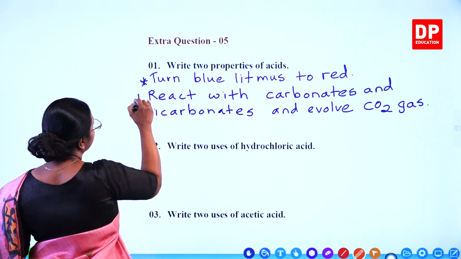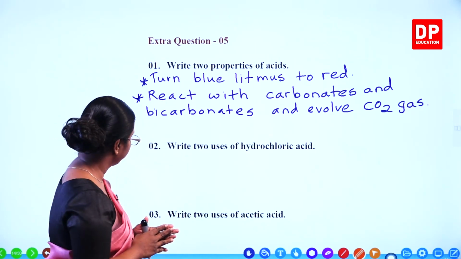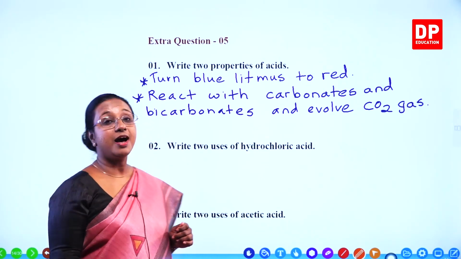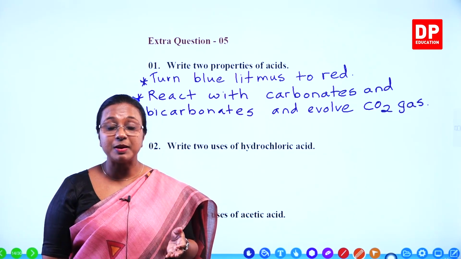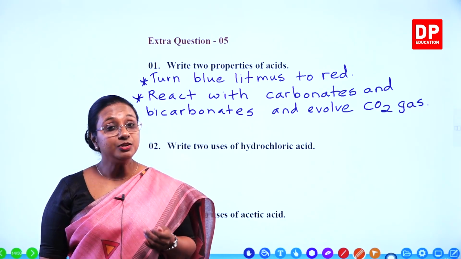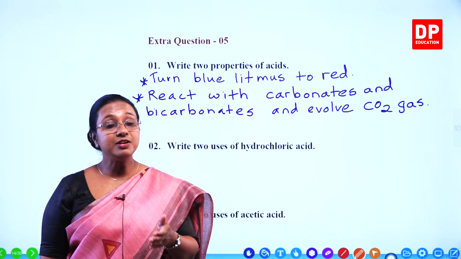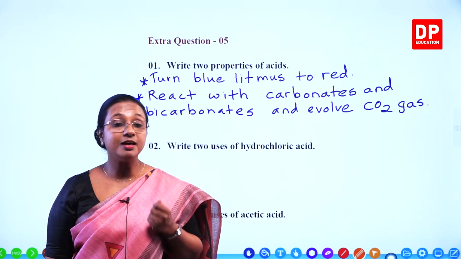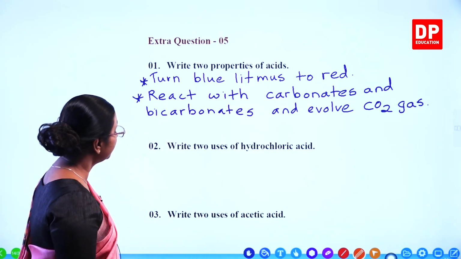So they want you to write two properties of acid. You can write any two. Write two uses of hydrochloric acid. What are the uses of hydrochloric acid? You can remember to remove rust from steel objects, then to extract gelatin from bony materials, and also to make aqua regia, royal water. You can write any two uses.